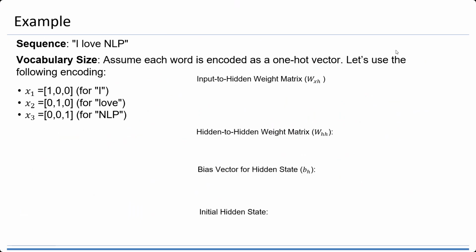So let's see with this example. I have a sequence: I love NLP. For the vocabulary size, let's assume each word is encoded as a one hot vector. One hot vector means we have I, love, NLP.